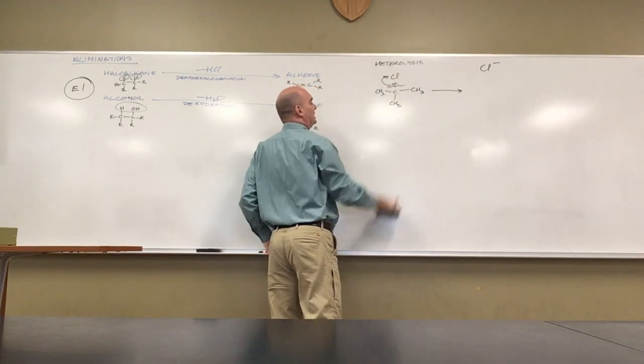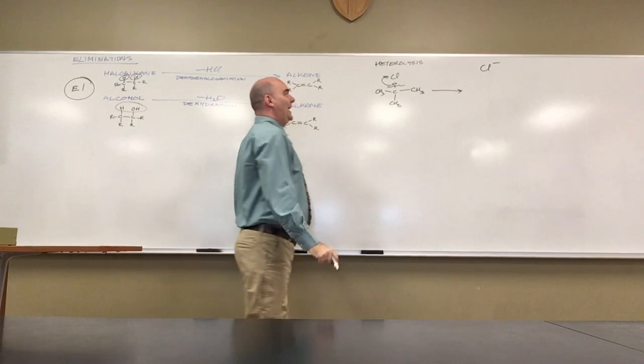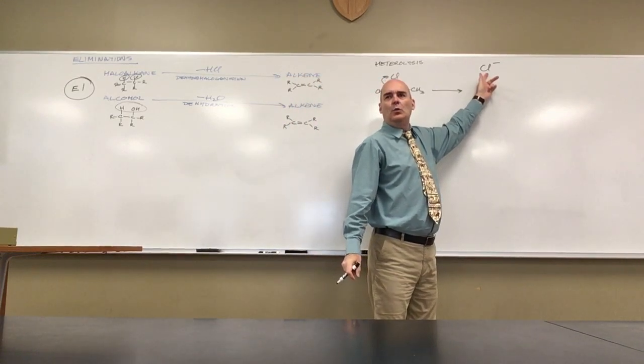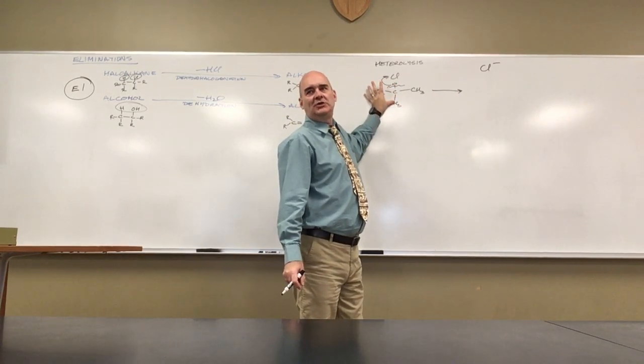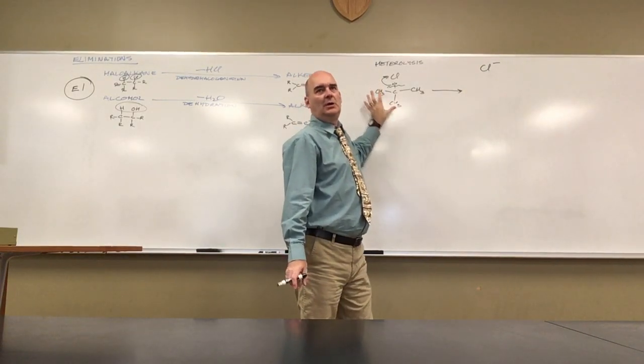This is a heterolytic cleavage. Both of those electrons end up on that chlorine, making it a chloride. Oh, I had an uncharged molecule here. I just separated a charge. There was no charge on the left-hand side of my equation.